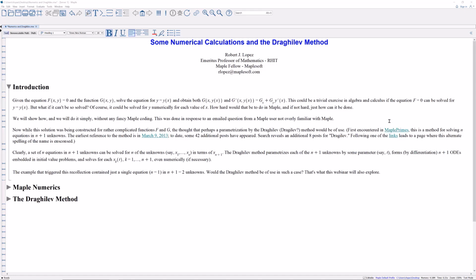And it's a method for solving inequations in n plus 1 unknowns. This is the earliest reference, and since then, I think I've counted 42 additional posts about the Draghilev method. But if you search for Draghilev without an H, you'll see there are 8 posts there.